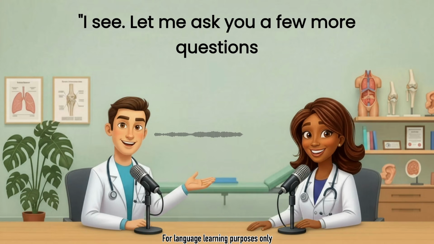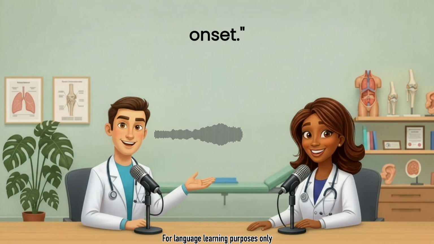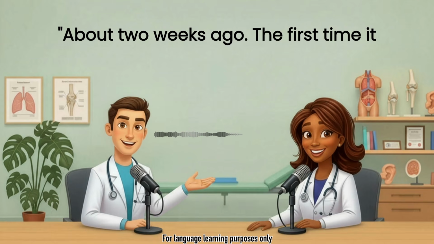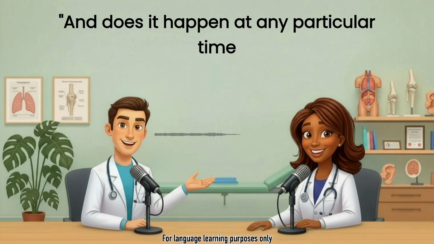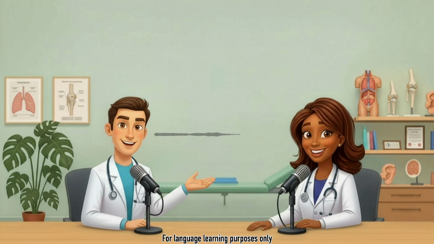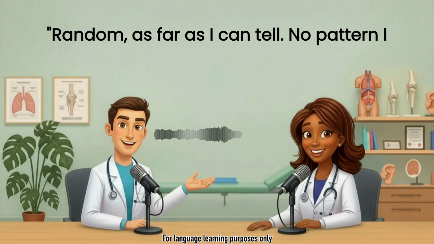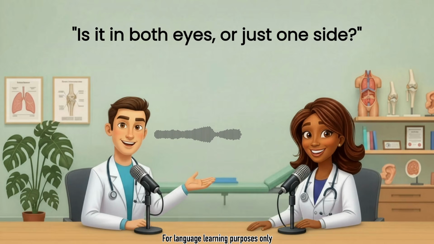I see. Let me ask you a few more questions about that. When did it first start? The onset? About 2 weeks ago. The first time it happened, I thought it was just tiredness. And does it happen at any particular time of day, or is it random? Random, as far as I can tell. No pattern I have noticed. Is it in both eyes, or just one side?